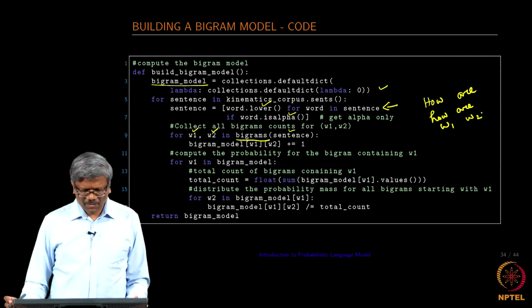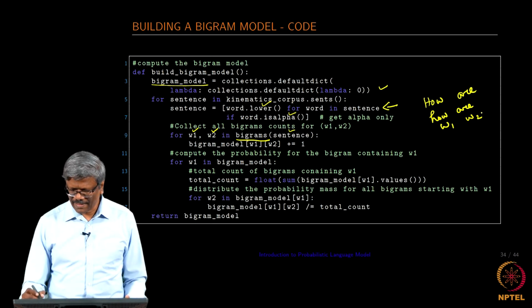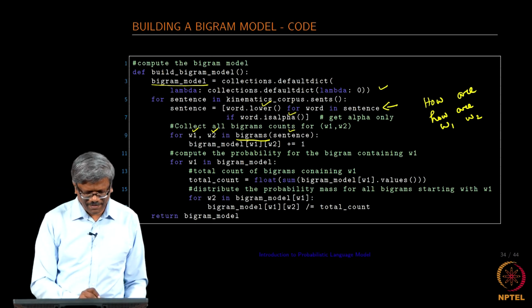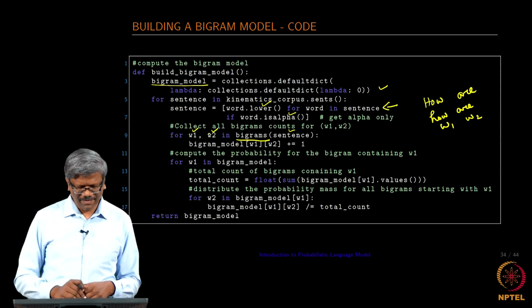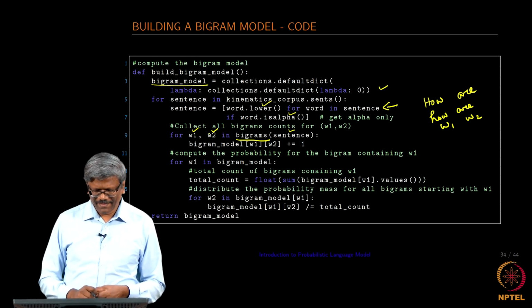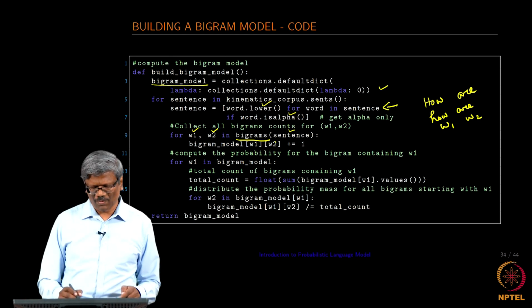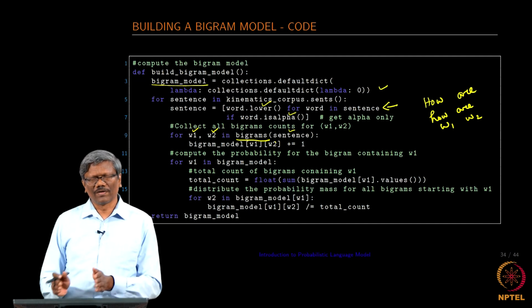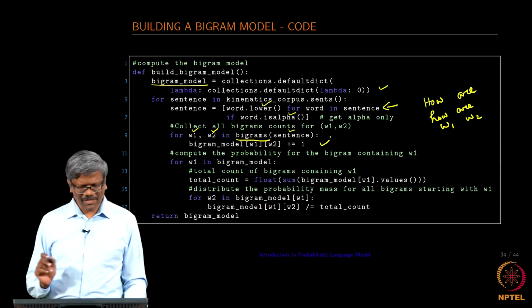When it goes through the entire corpus, it keeps checking whether this particular combination of words occurred in the earlier sentences or documents. If it occurred, it increases the count. In this way, the bigram model is initially constructed as a frequency table.